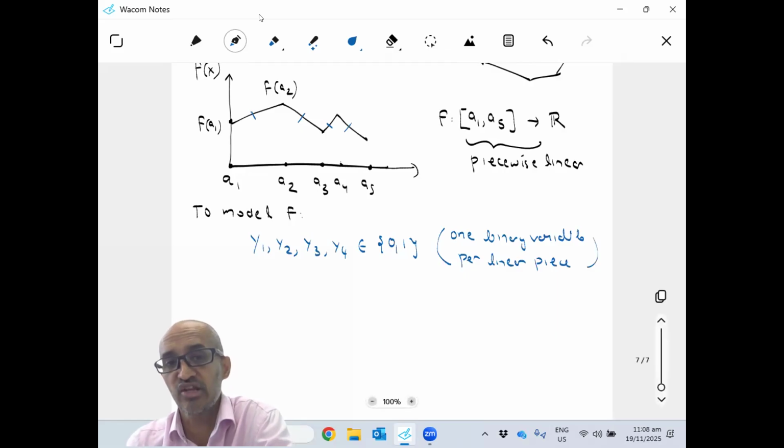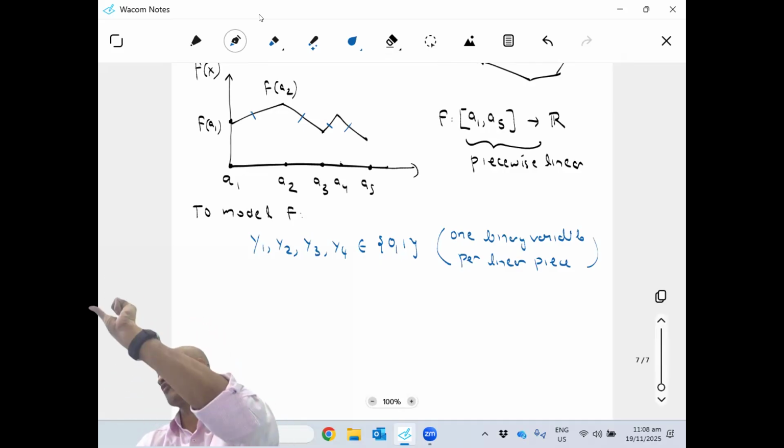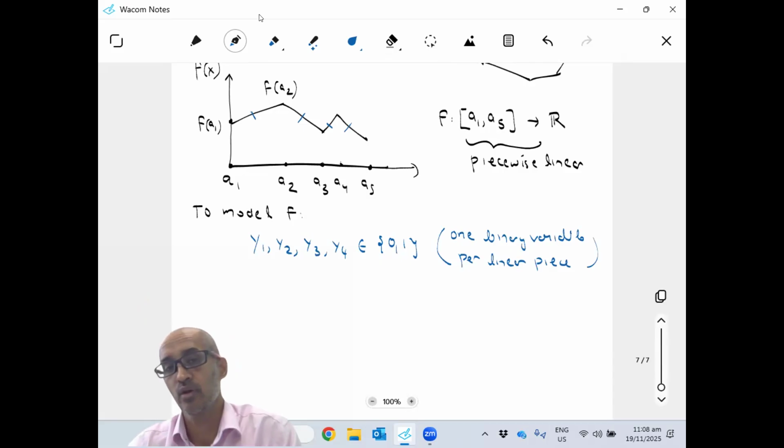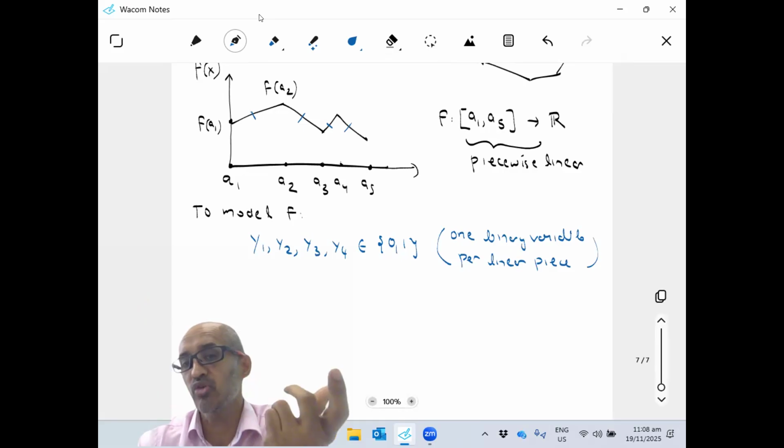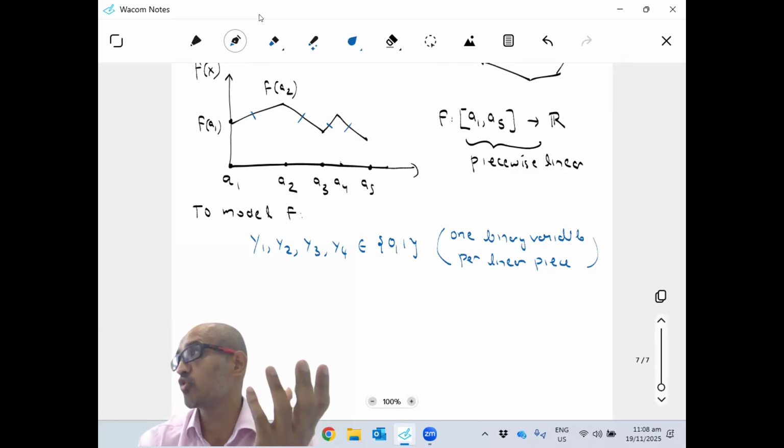So this is the first linear piece, the second, the third, the fourth. These are going to switch on and off. When y1 is 1, I want this linear piece to be turned on. When y2 is 1, I want this linear piece to be turned on, and so on.